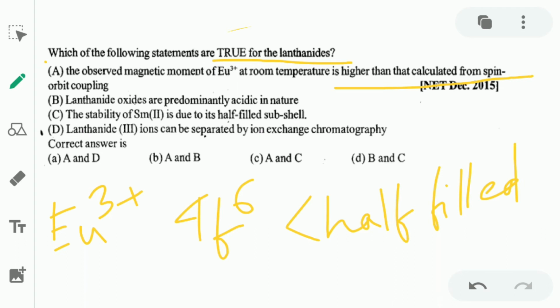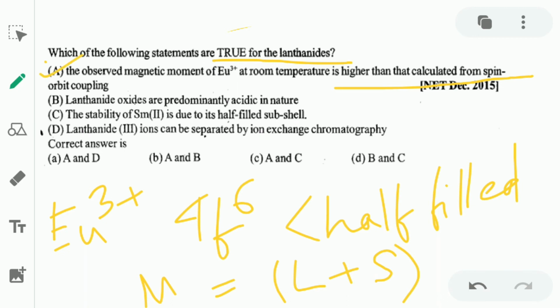For that, it has both contributions of orbital angular momentum and spin angular momentum in the magnetic moment. From that, we can say at room temperature, compared with the value calculated from spin orbit coupling, the observed value will be greater. That is, the option A is correct.